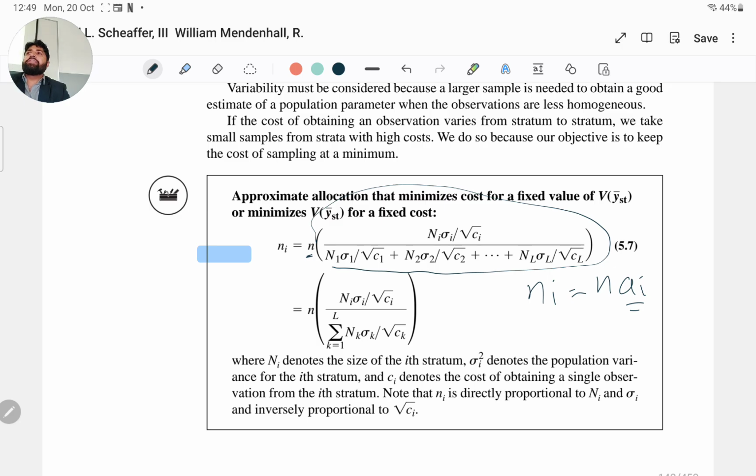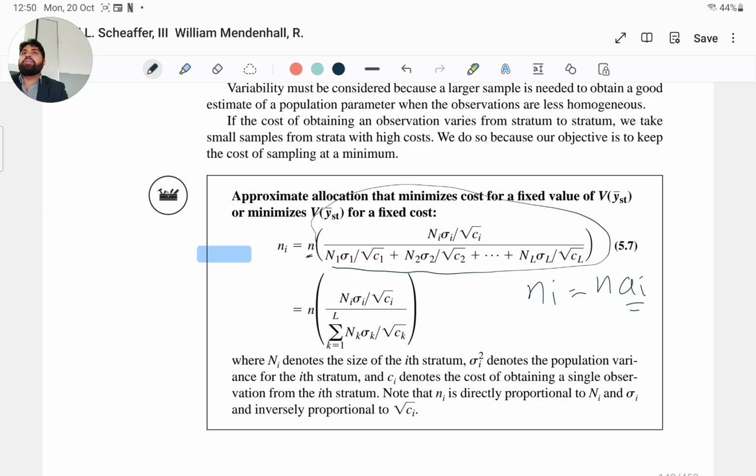Meaning, how do we estimate the allocation? That is the formula which is representing Ai. Before, we were treating Ai as equal proportion, like 1 by 3 if we have 3 samples, 1 by 2 if we have 2 samples, 1 by 4 if we have 4 samples. So before we were treating it as equal.